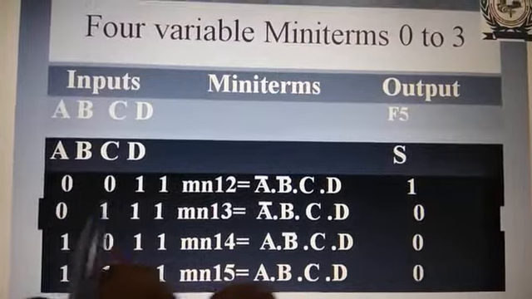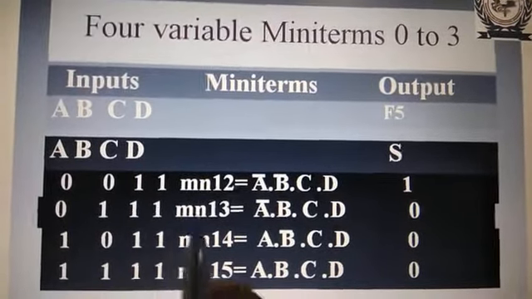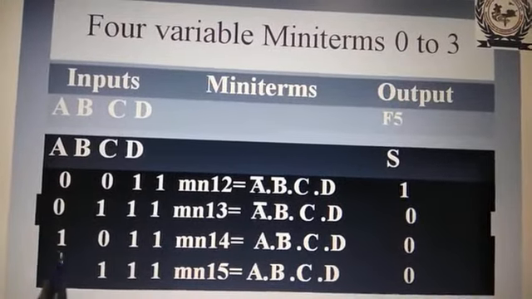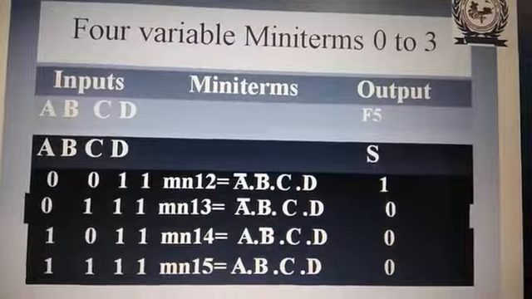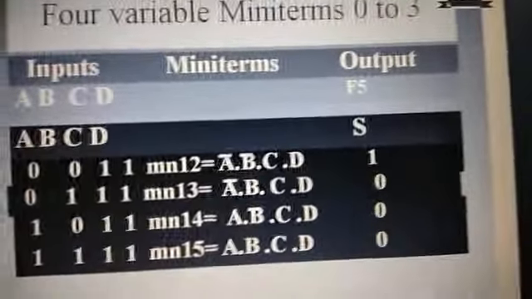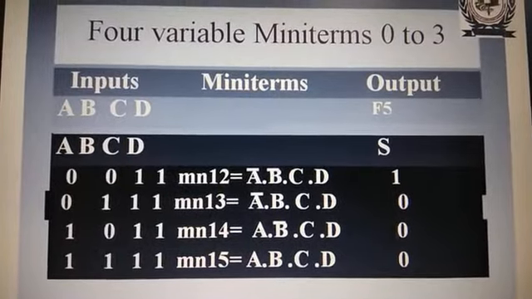This is A bar, B bar, C, D. This is A bar, B, C, D. This is A, B bar, C, D, and so on. And this sum you can show here.